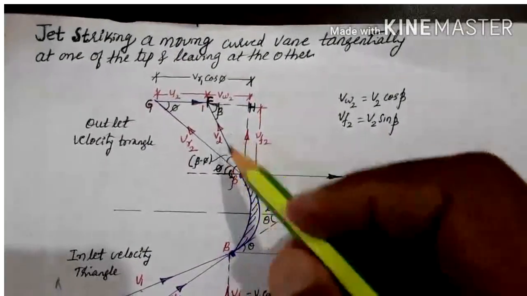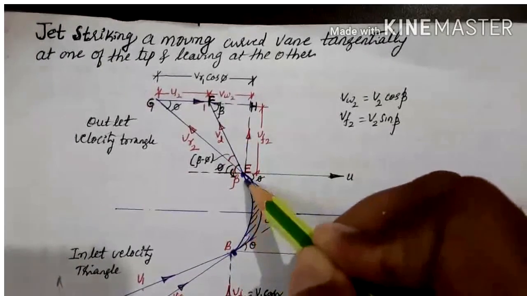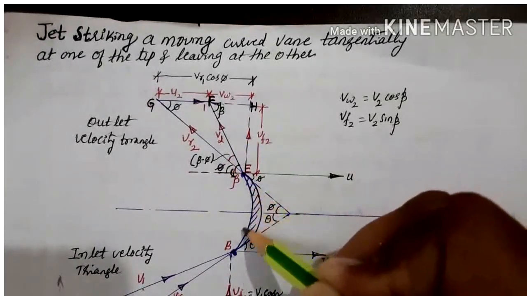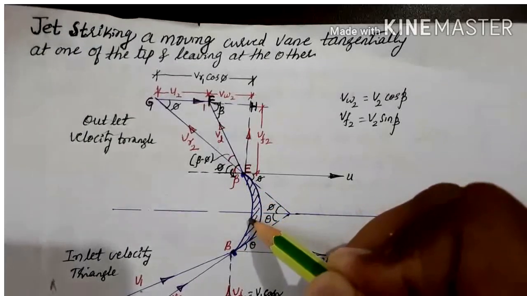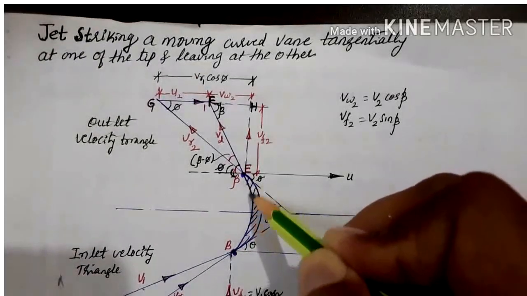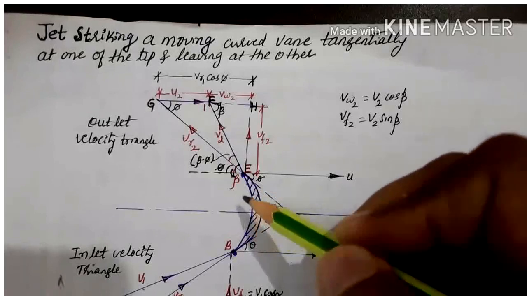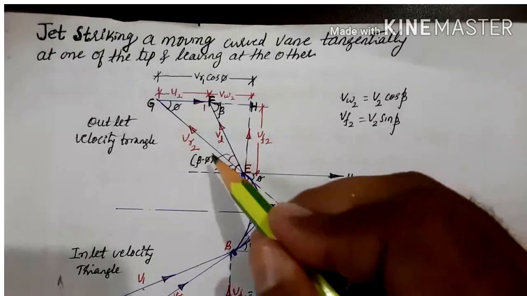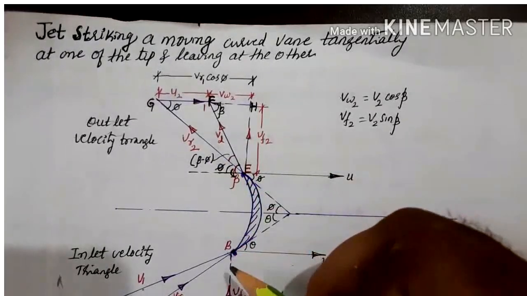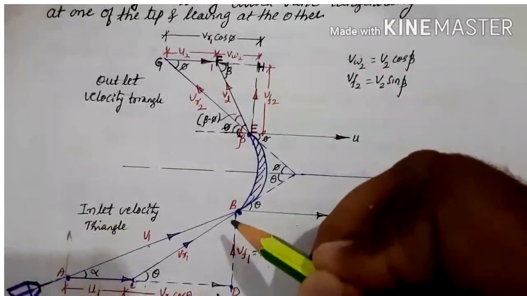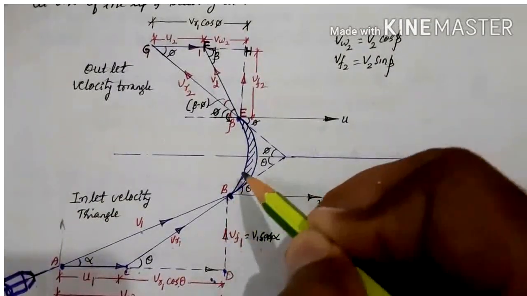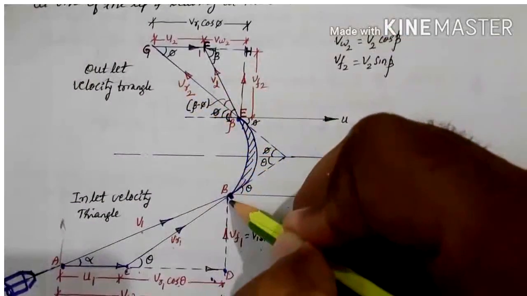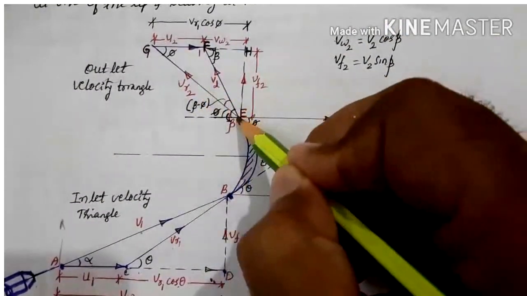If the vane surface is very smooth, if there are no losses at all here, then the energy loss due to friction will be 0. Thus VR1 is equal to VR2. Whatever velocity with which the jet is entering, with the same velocity it comes out. Hence VR1 is equal to VR2.